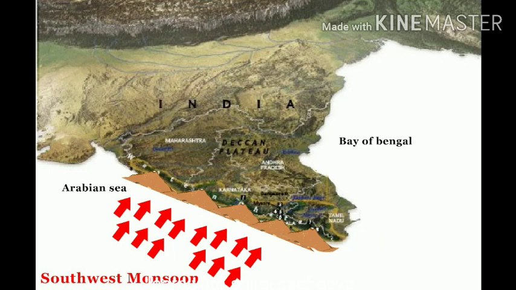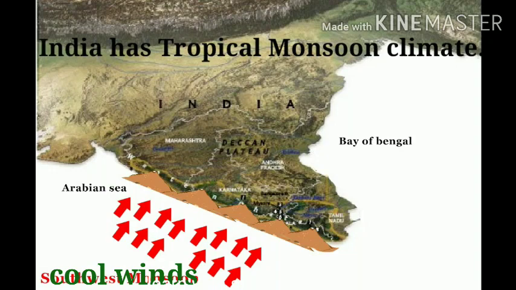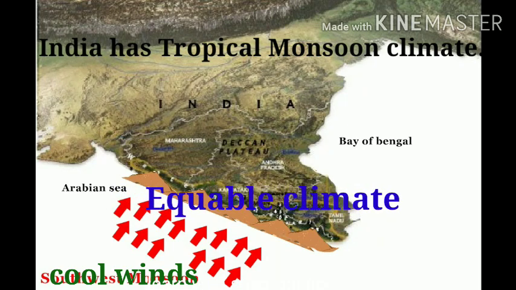In these areas, the climate remains almost the same throughout the year because of the cool winds blowing from the sea. Therefore, the climate of this area is known as equable climate.